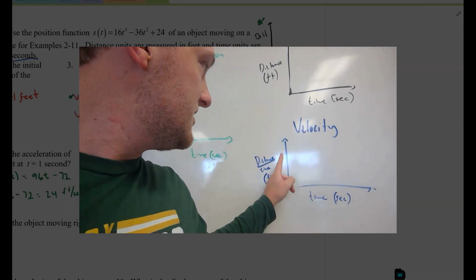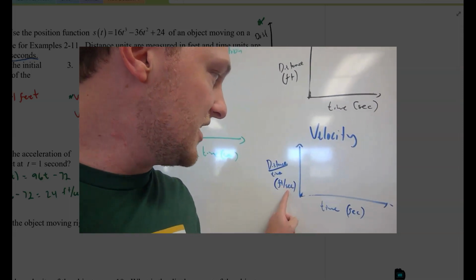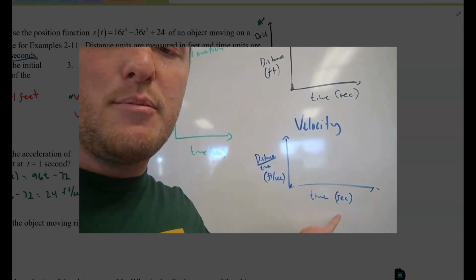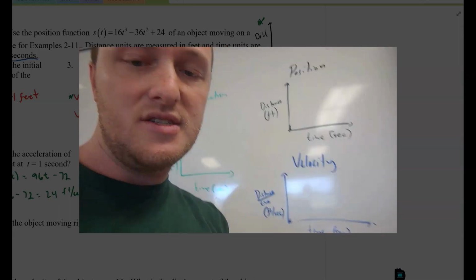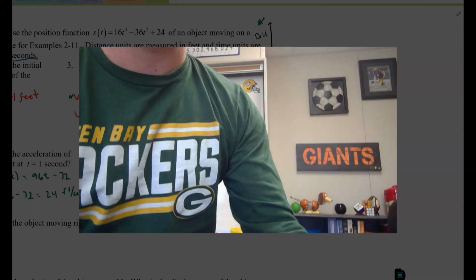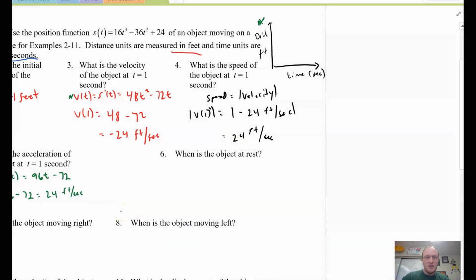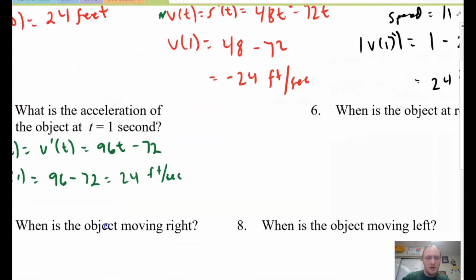So this is distance over time. This is our velocity, so feet per second over seconds. So that makes acceleration feet over second squared. Let me make myself small again, and here we go.